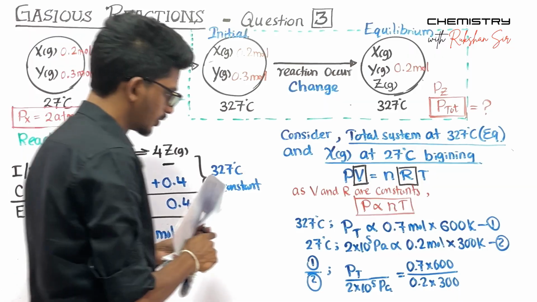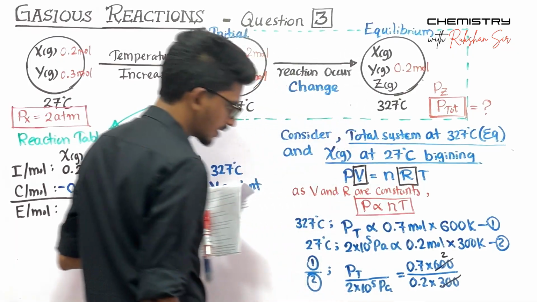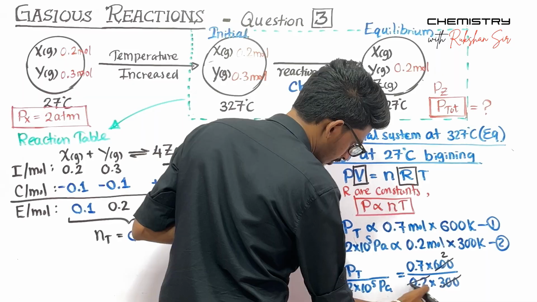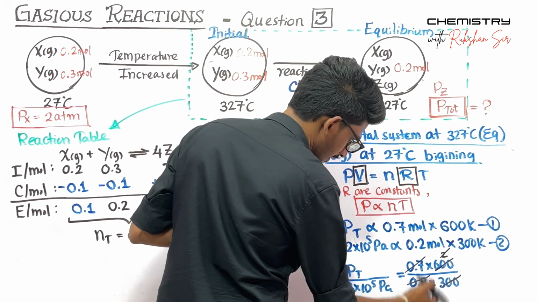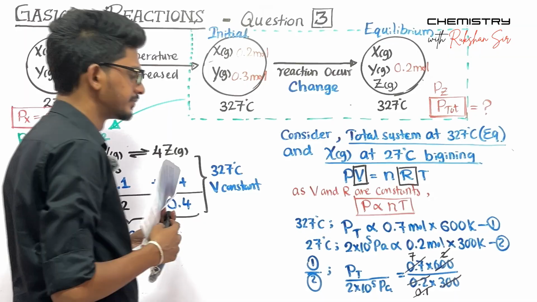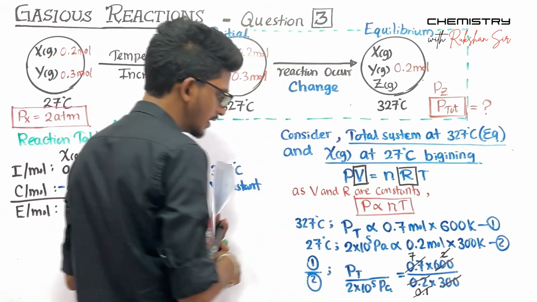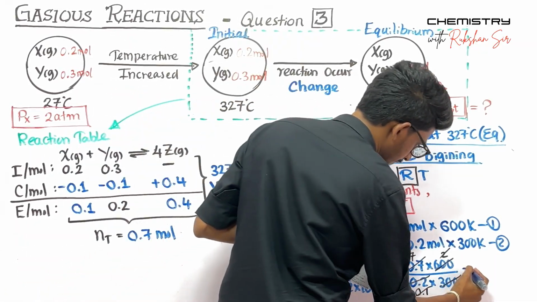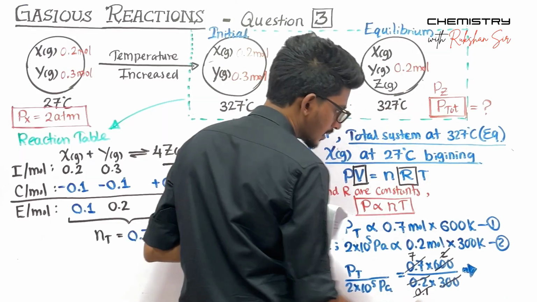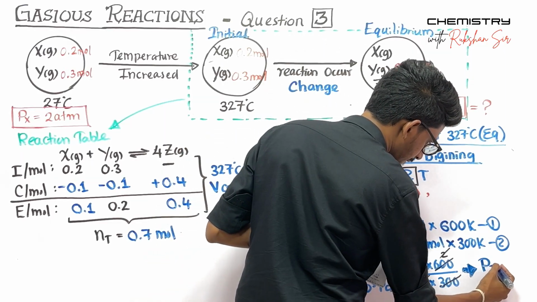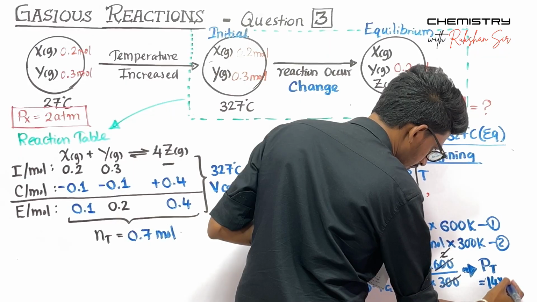The units cancel. This cancels the 2 here, and the 0.1 cancels, leaving a 7 here. So 7 into 2 is 14 into 10 to the power 5, that is the P total. This gives you P total as 14 into 10 to the power 5 pascals.